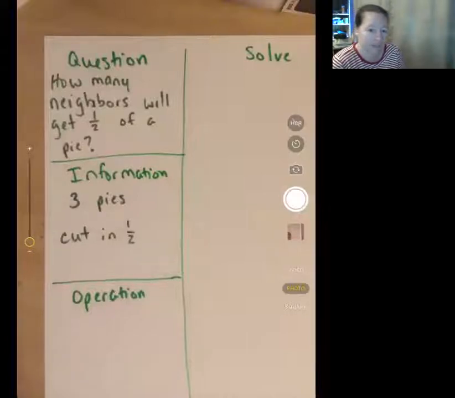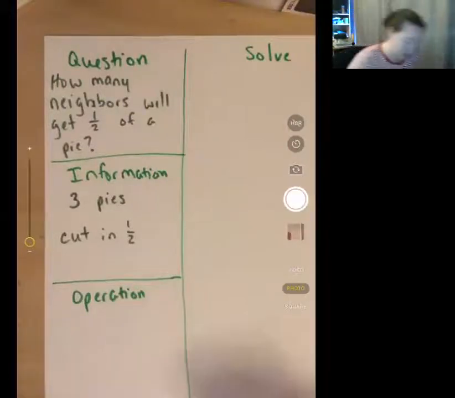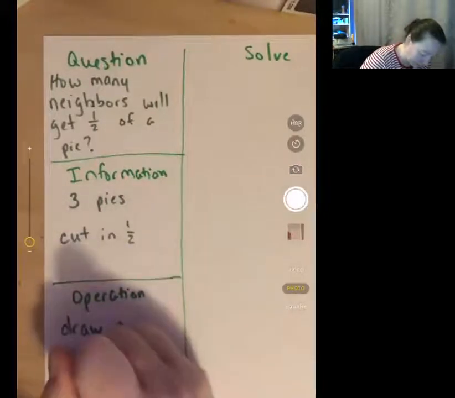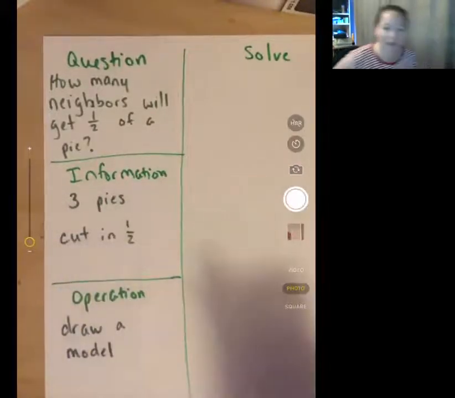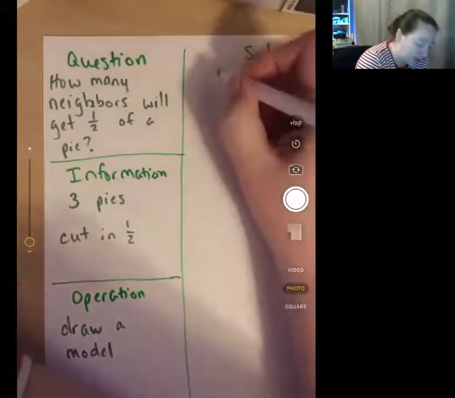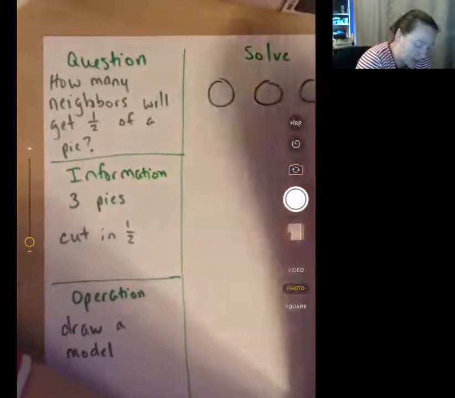That's what's important. The operation that we're going to be doing is probably drawing a model again. So draw a model. That's going to be our operation. That's going to be how we're going to solve it. So I'll make my 3 pies. 1, 2, 3. I'll cut each of them in half.